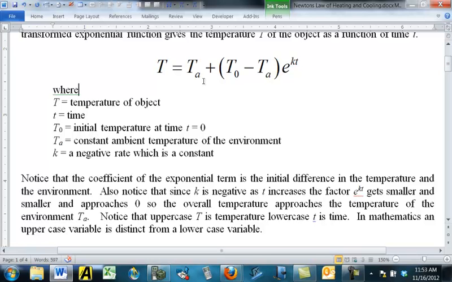So that wouldn't apply to us if we're a living human being. But you put a cold food in a hot oven, keep the oven the same temperature, the food will heat up if you leave it in there long enough to the temperature that the oven is. If you pour a hot cup of coffee and then set it down outside in the cold, the coffee will cool off to the temperature of the outside.